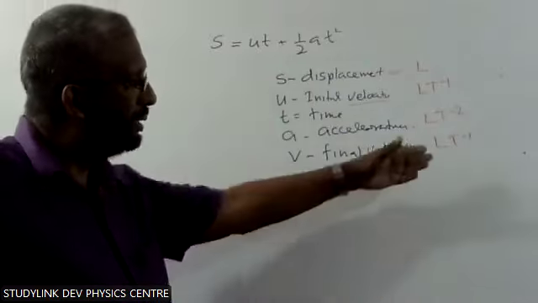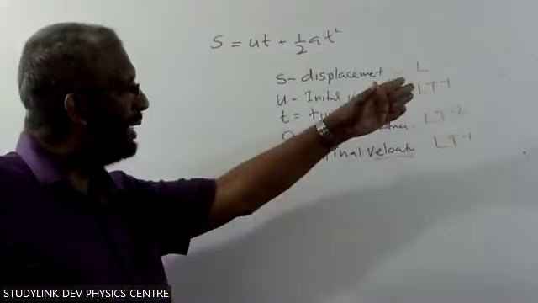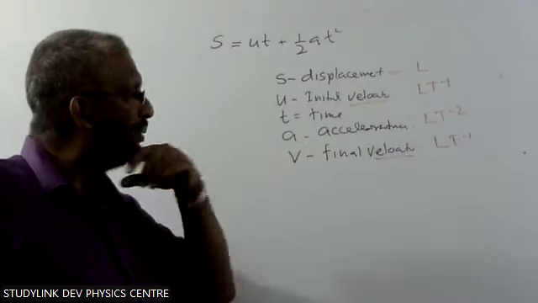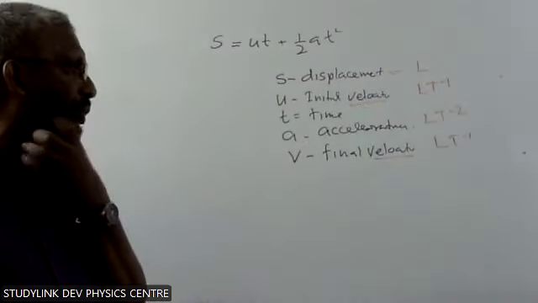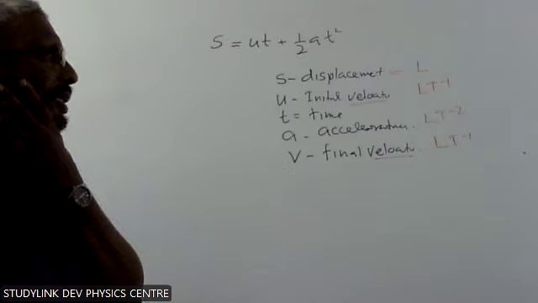First you write like this. Displacement, length. Initial velocity, L T minus 1. Acceleration, L T minus 2. Final one, that.